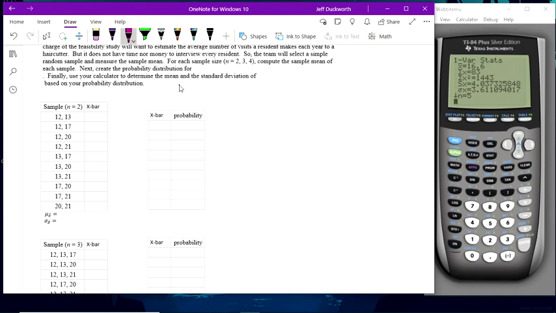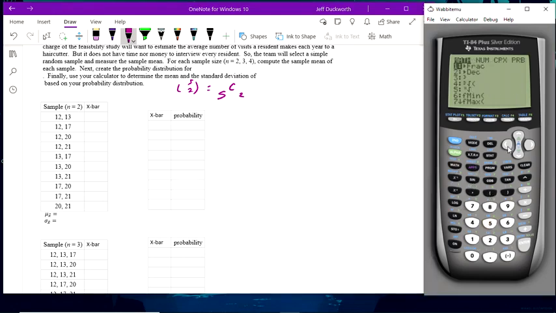So we're looking at 5 choose 2, and that's the same thing as saying 5 combination 2, and there'll be 10. We can do that in the calculator here. So 5, math, probability, nCr, 2 gives us 10.